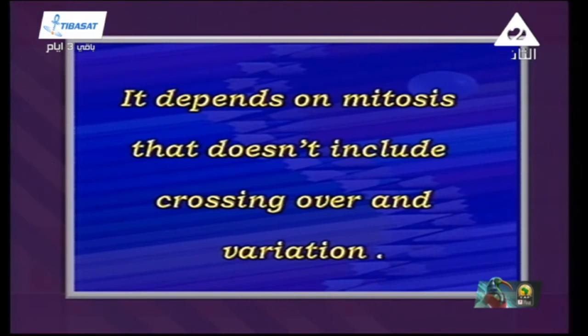Crossing over means changing the genetic materials between two gametes. That gives us a lot of variation and helps the new individual to adapt to environmental conditions. I hope you got the difference between mitosis, with the absence of crossing over, and the presence of crossing over.